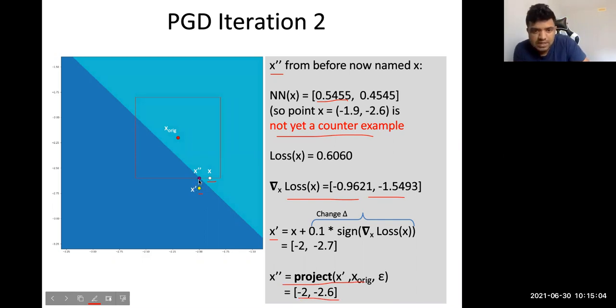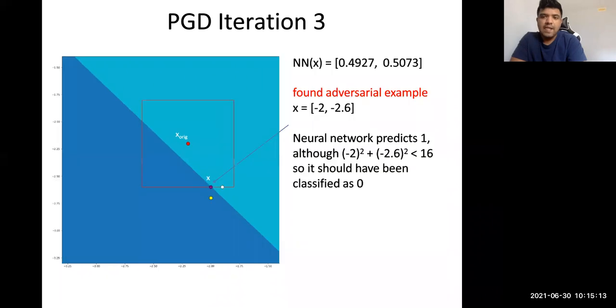We notice that this is in the dark blue region, and this might be useful for us as we want a misclassification. We run our point through the neural network again, and we notice that the neural network does misclassify it and thinks the property does not hold.